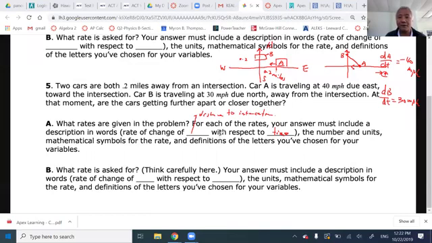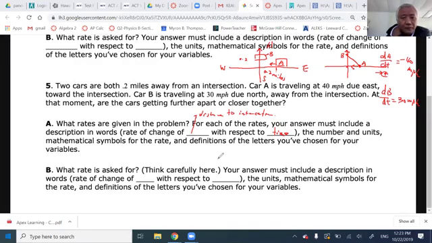The units are miles per hour, right? Then mathematical symbols and define the letter for each. So A represents the distance from car A to the origin, the intersection, and B represents the distance between car B and the intersection, right?